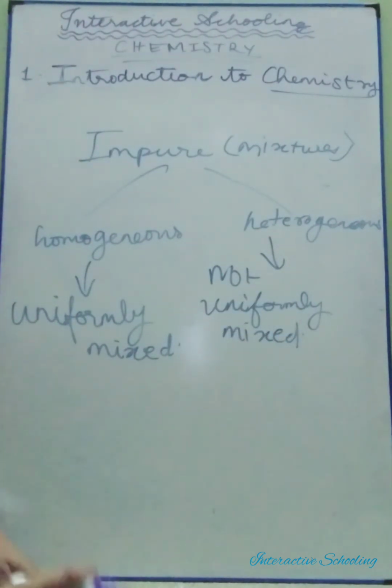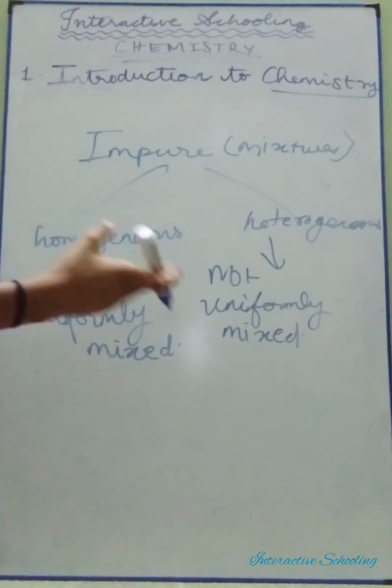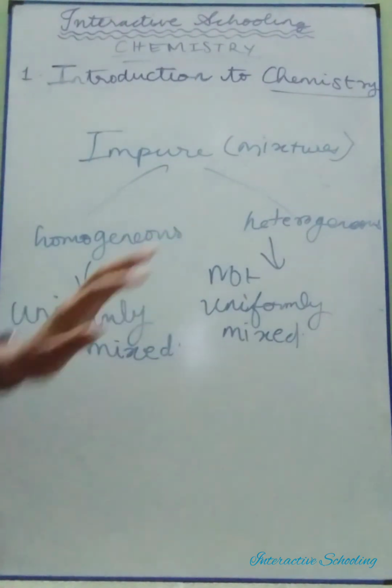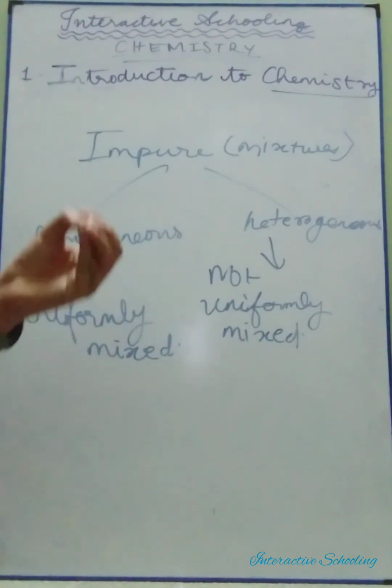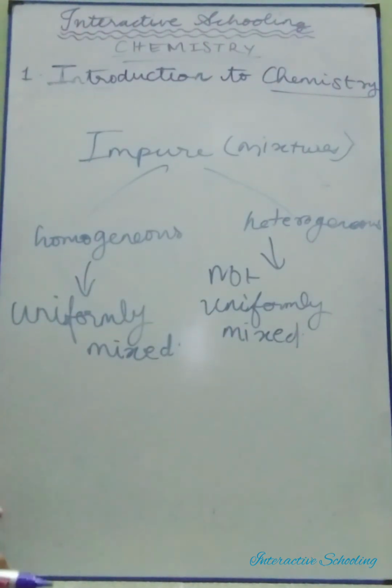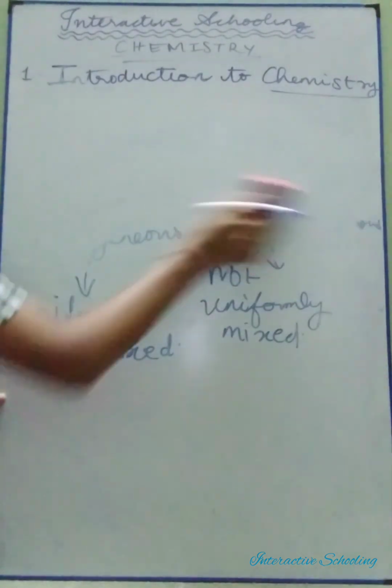If you take namkeen mixtures, that is your snacks, you can see separately. This is the curry leaf. These are the peanuts. This is the bundi. You can differentiate the constituents. So that's what a heterogeneous mixture is. That's all for impure substances.